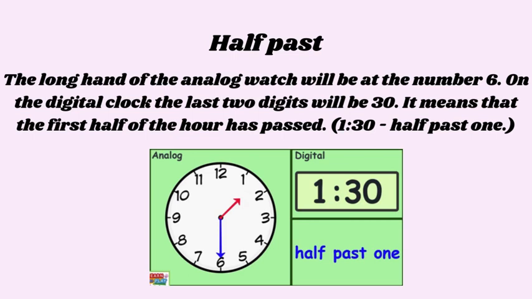The long hand of the analog watch is at the number 6, and the short hand is between 1 and 2. And for the digital clock, the last two digits are 30, and the number in front of the colon is 1. So it means it's 1:30.